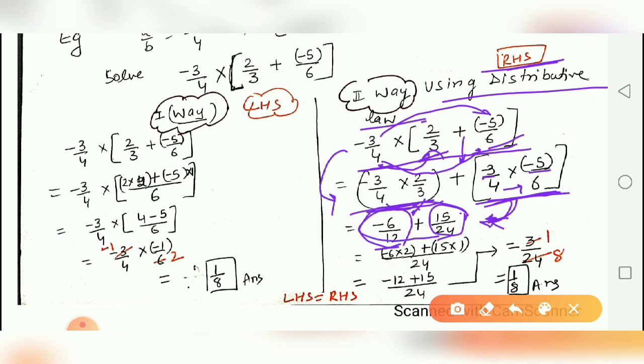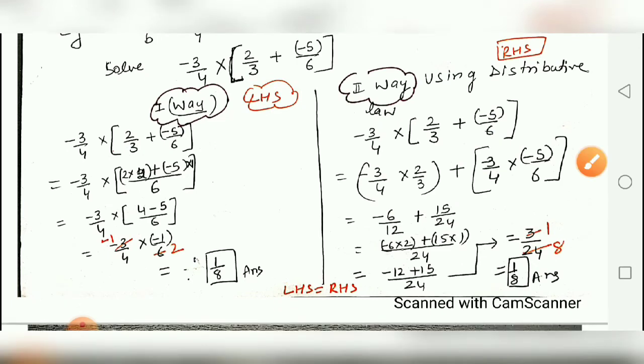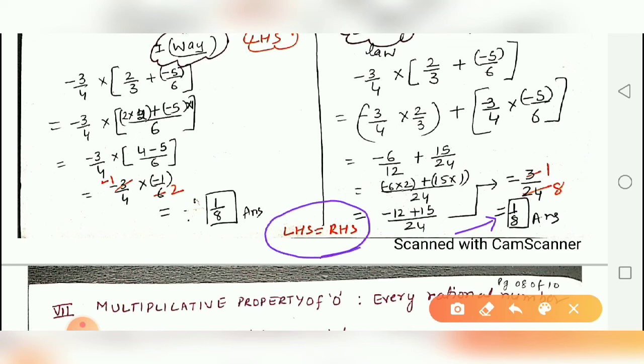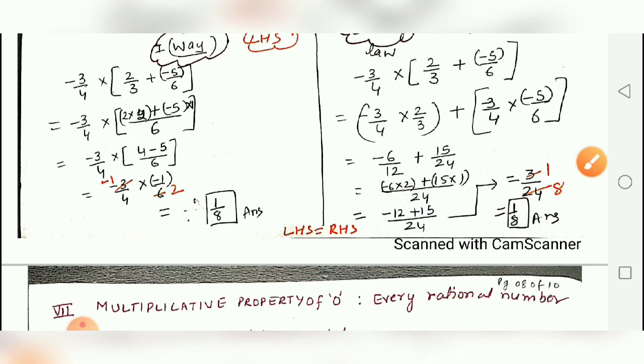Now we will solve these two rational numbers. This is a simple addition of two rational numbers. After solving it, we will get 1 by 8 as the answer. So again, by solving in both ways, we get the same answer. So LHS is equal to RHS.